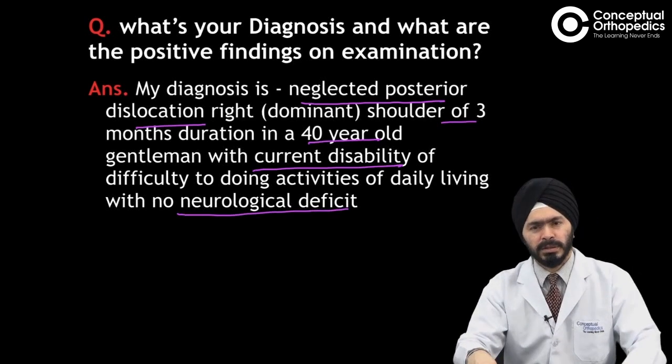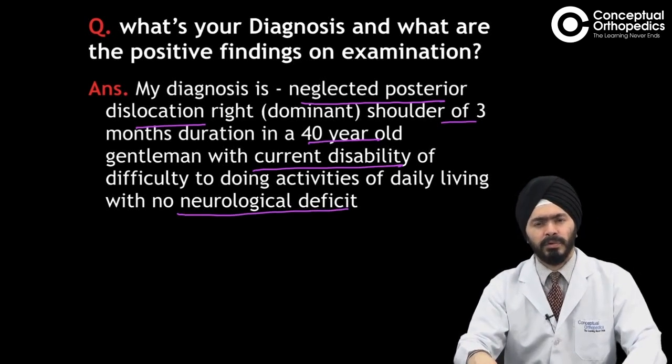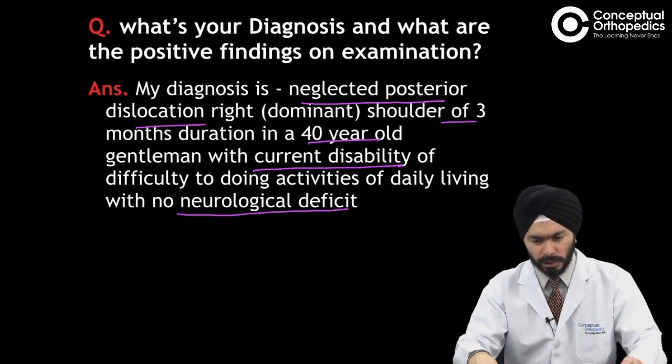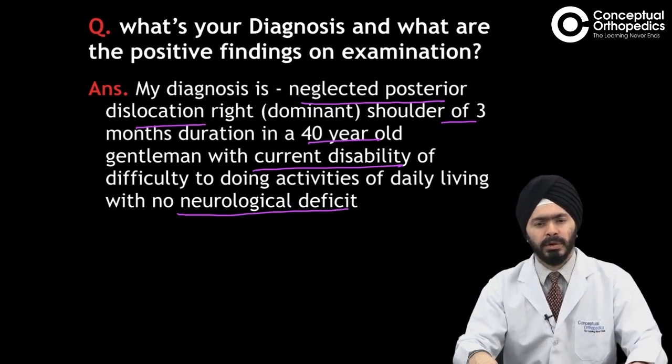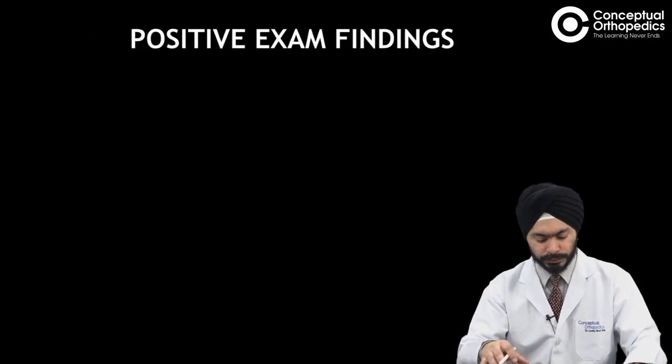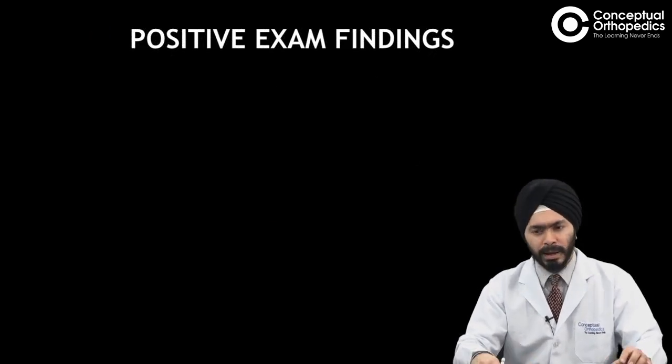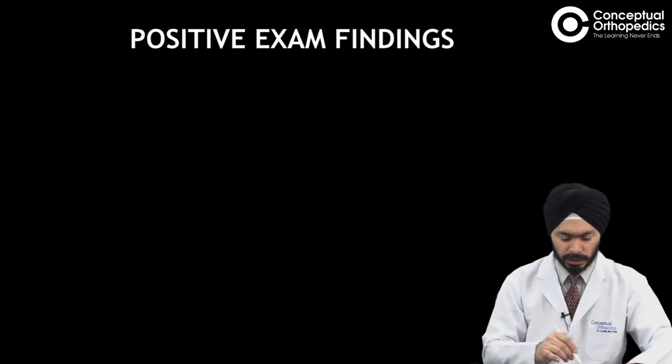On the basis of these examination findings of only external rotation loss, complete external rotation loss and loss of other movements also, you cannot make a proper diagnosis of posterior dislocation. You will keep a differential diagnosis of adhesive capsulitis and glenohumeral arthritis, because these three are the main conditions in which there is loss of external rotation.